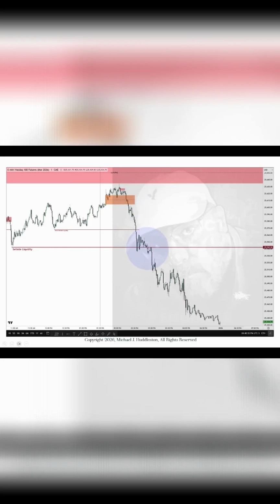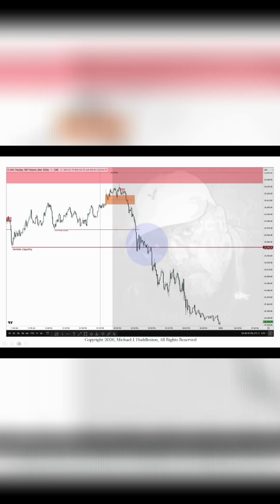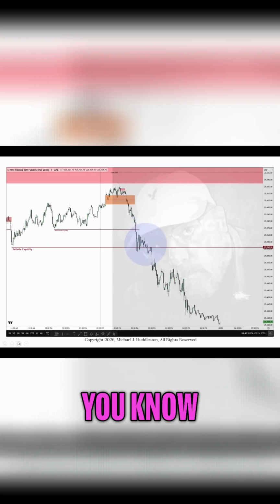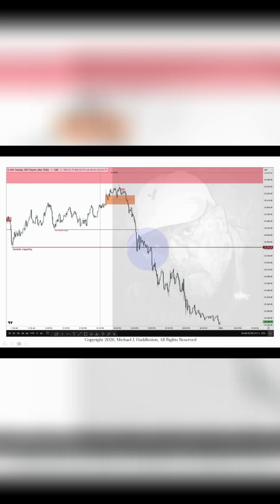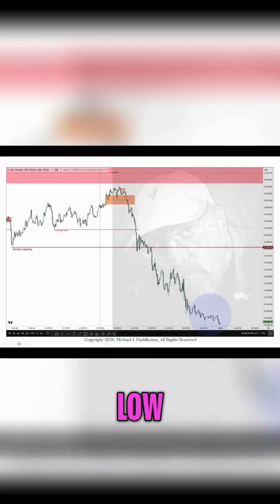Consolidation. John Murphy would love to see this highlighted on social media. It's a perfect bearish pennant. They occur sometimes, sometimes they're there. Breaks lower and then just fizzles out into the low going into the close of the day.